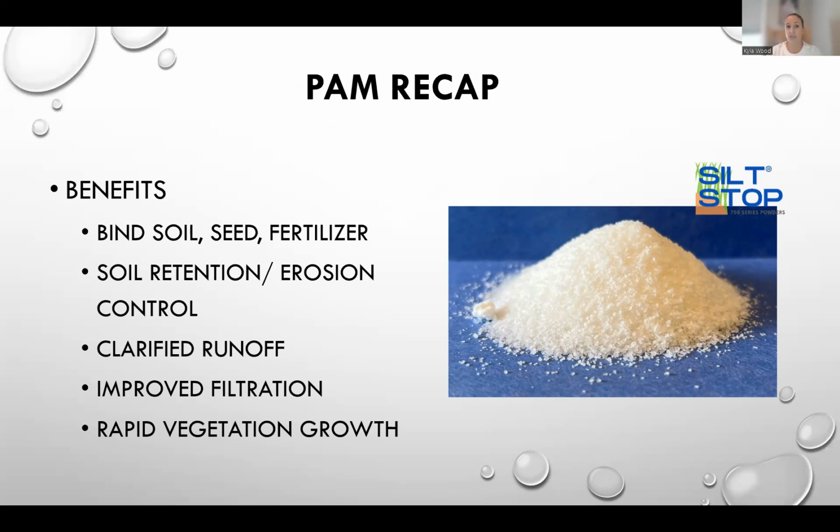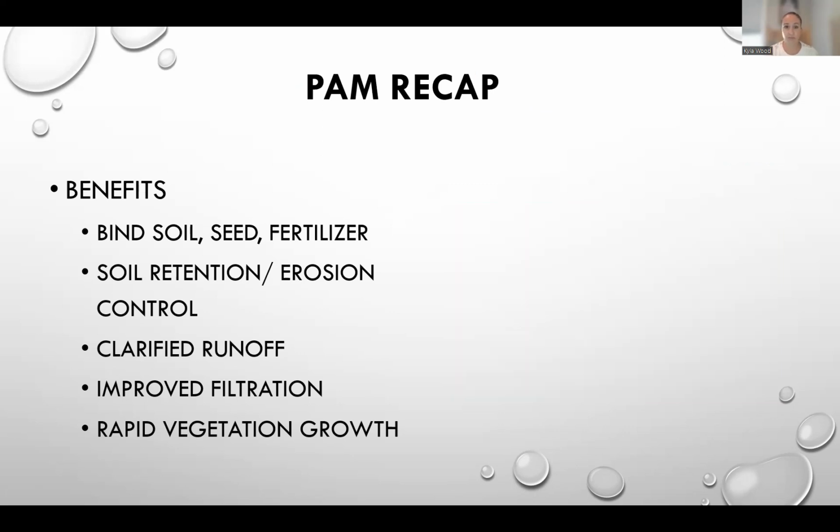Fertilizer, if you're using it with the soil, holds everything in place so that you don't apply all of this material, try to get vegetation established, and have a big rain event that washes all of that investment down a slope. And so it'll hold all those particles in place. It improves the runoff clarity. And then in addition, it also improves water infiltration into the soil. So all those things combined, as we discussed before, actually improves vegetation growth.